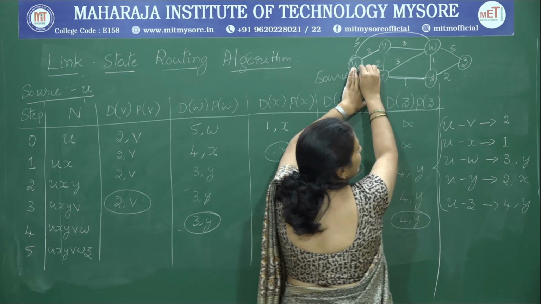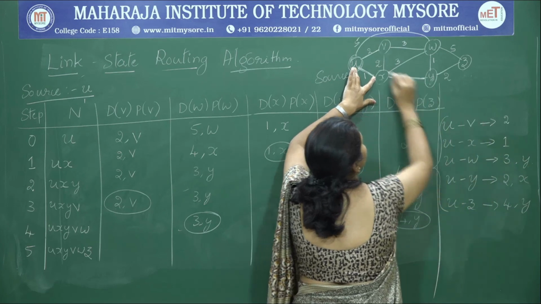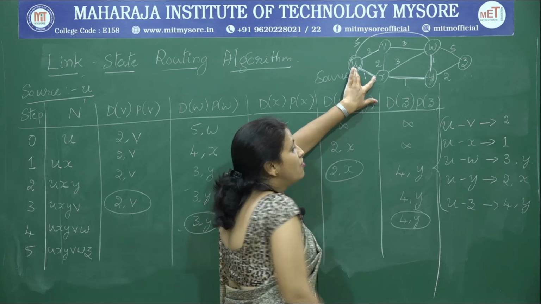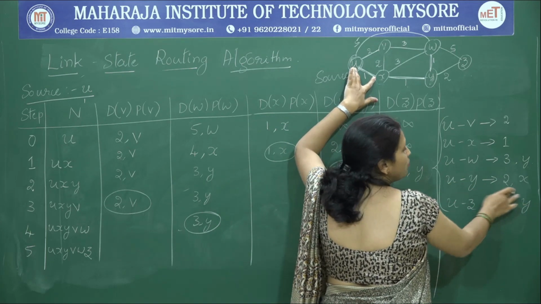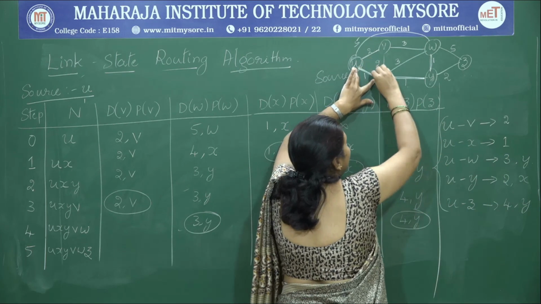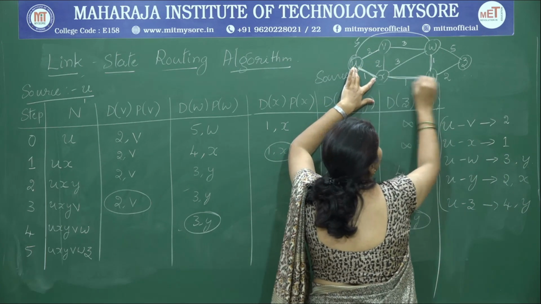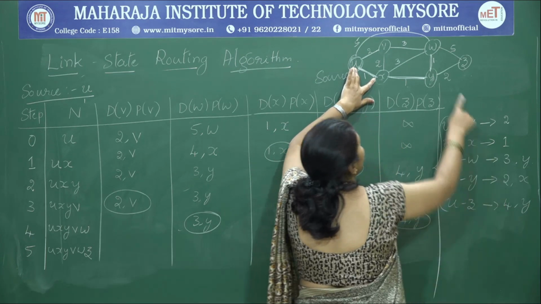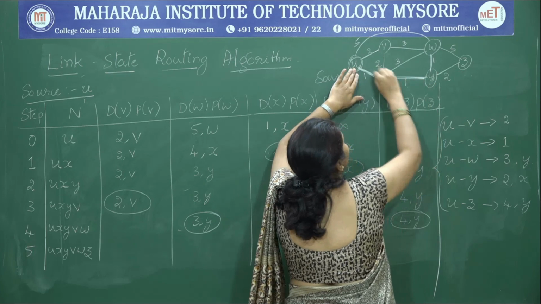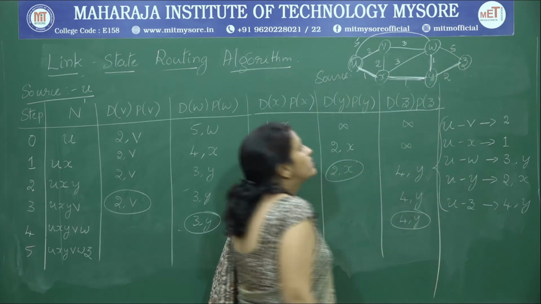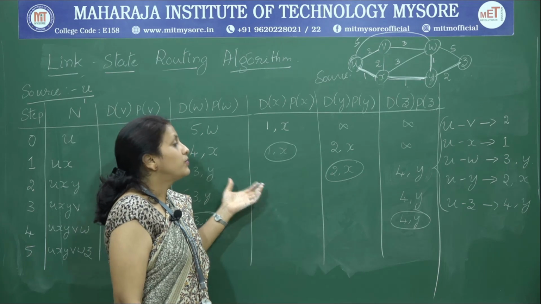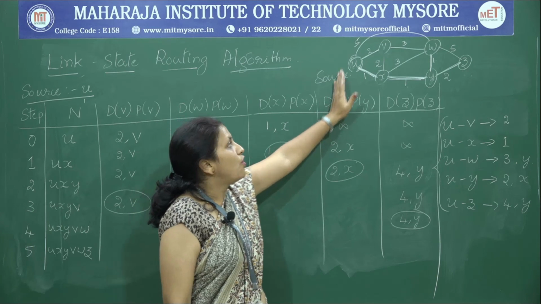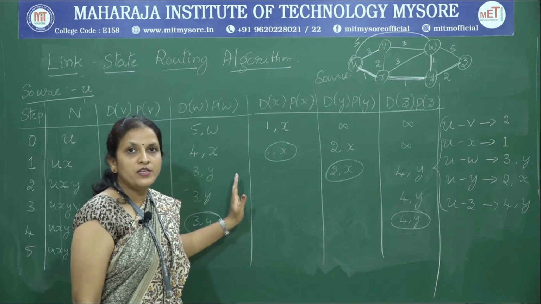From U to W, we are taking path Y. So, we need to travel to Y and then to W with cost 3. From U to Y, we are taking weight 2 through X. So, U to X is 1, from X to Y it is 1. From U to Z, we are passing through Y with minimum possible cost, that is 4, 1 plus 1 plus 2. So, this is how we can find the shortest path from a single source, from source U to all other possible routers in the given network.